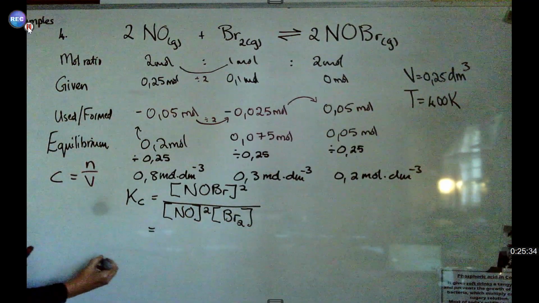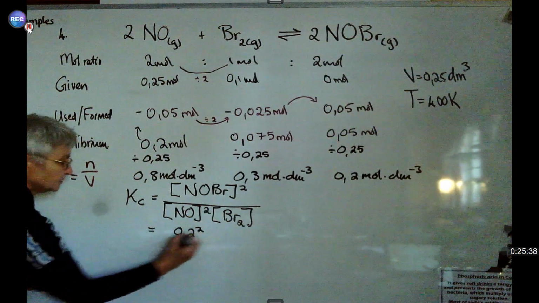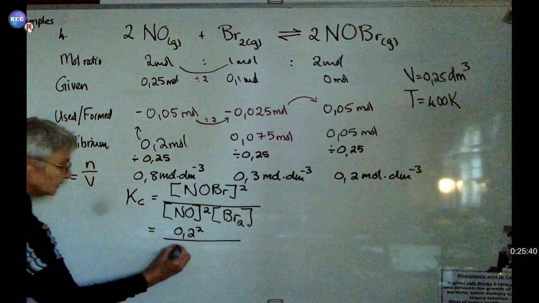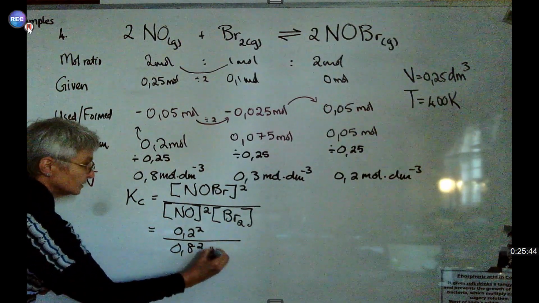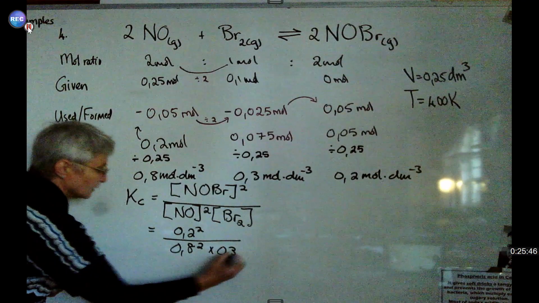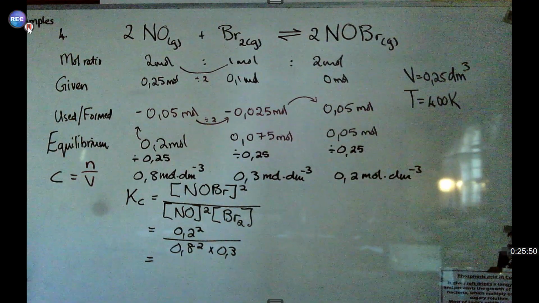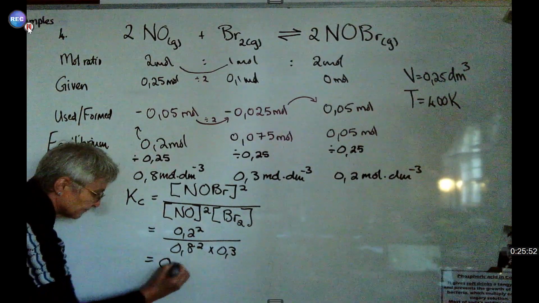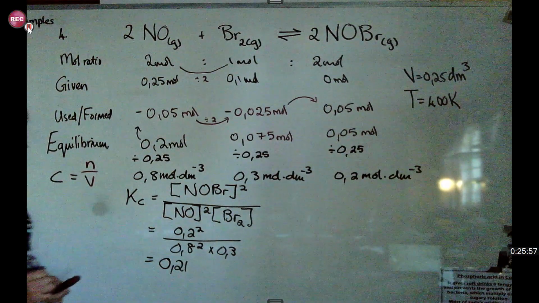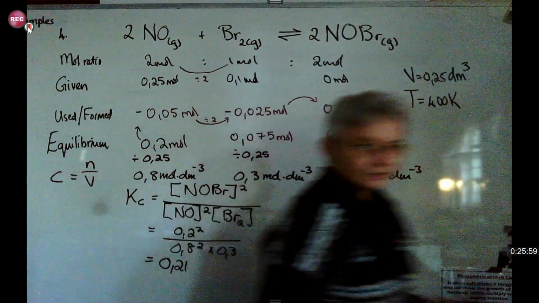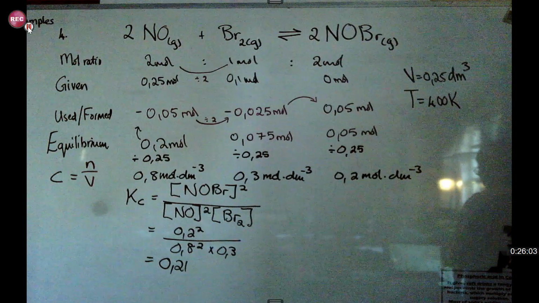It is 0.2 squared divided by 0.8 squared times 0.3. What do we get this to be? 0.21. Please use your Casio. Don't just copy. Go through the motion.